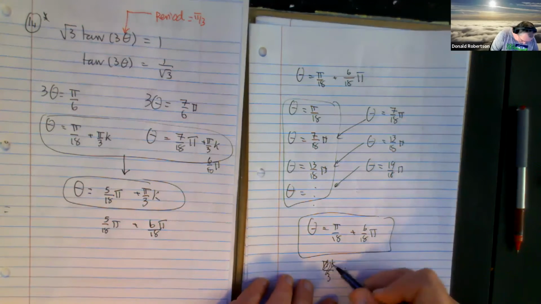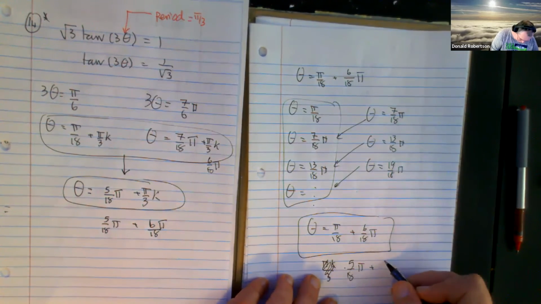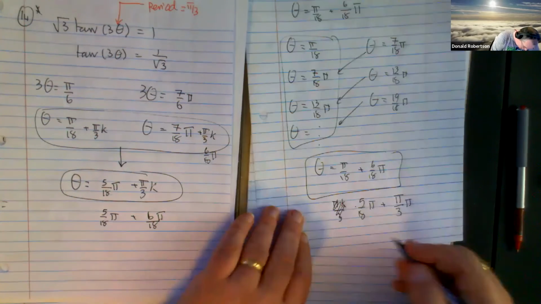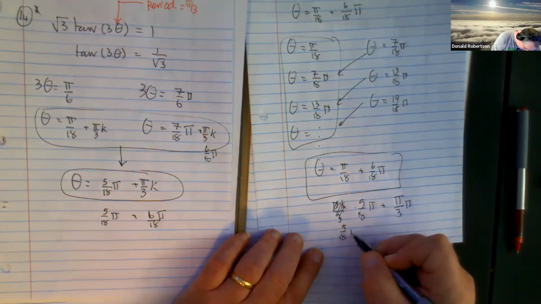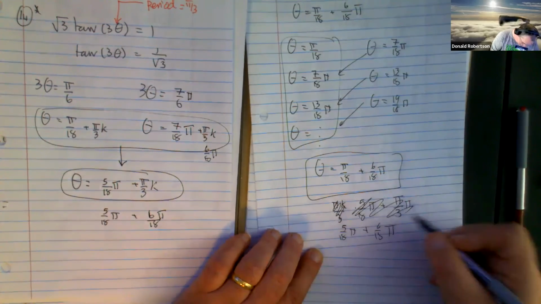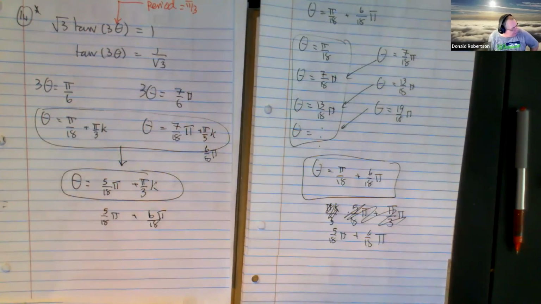No, they don't. They say it's 5/18 pi plus that guy. Okay, so they're saying it's 5/18 pi plus 16/18 pi. So I guess the only argument we've got is, what's the difference between this one and this one?